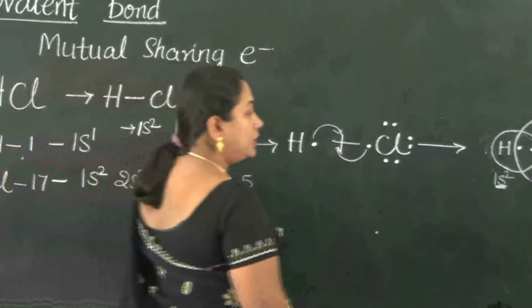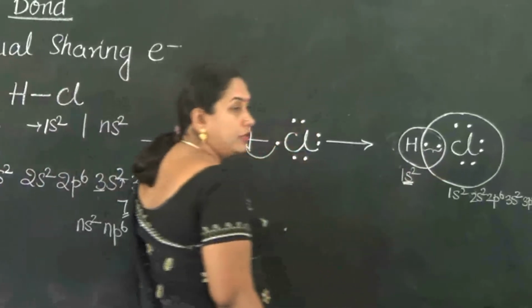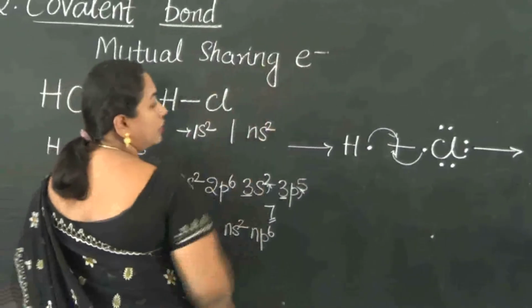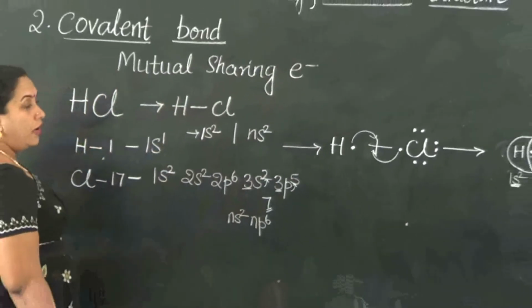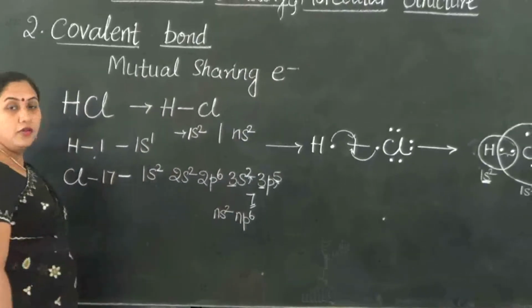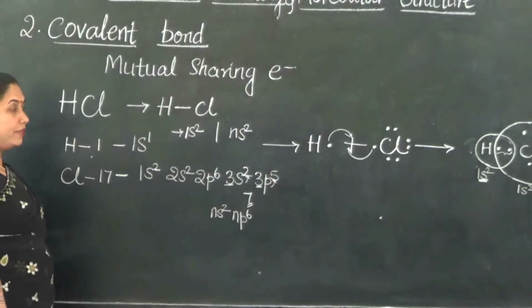So how has this been achieved? By the mutual sharing of electrons. So a covalent bond is a bond which is formed by mutual sharing of the electrons between the constituent atoms.